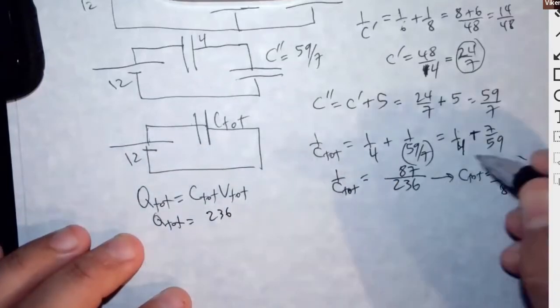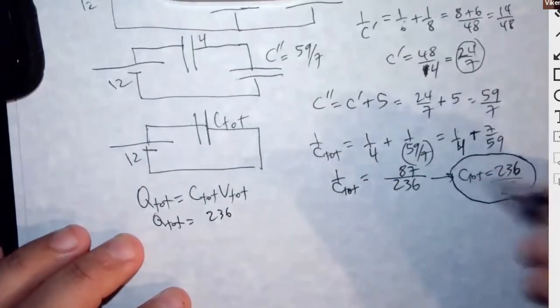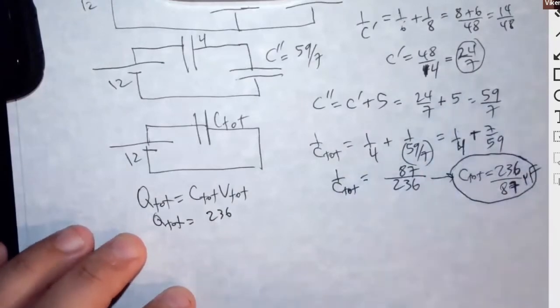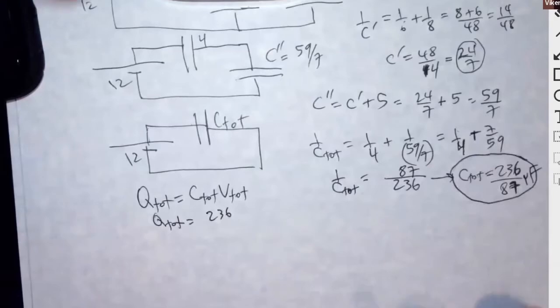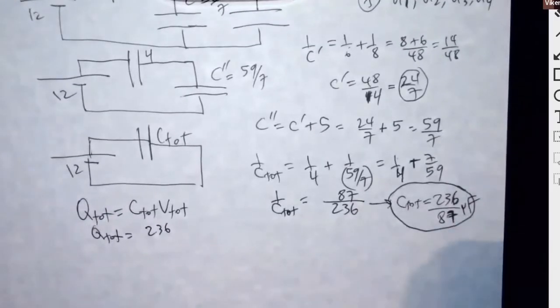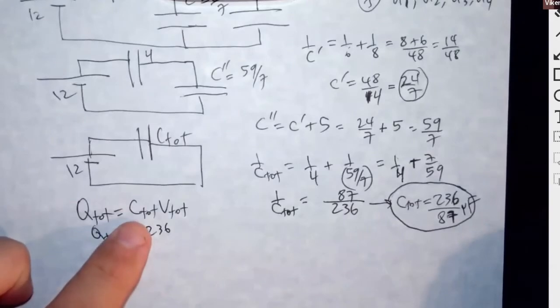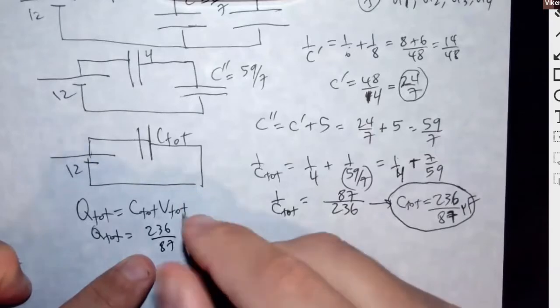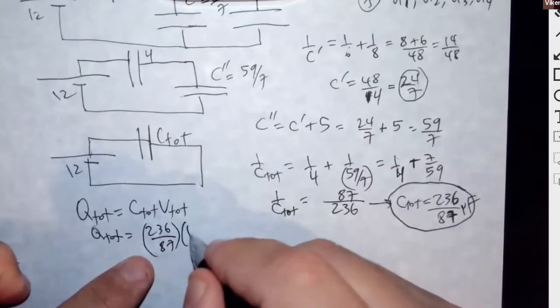So let me circle all the answers we get along the way. Oh, this is microfarads. Okay. So then you have 236 over 87. And then this is 12.